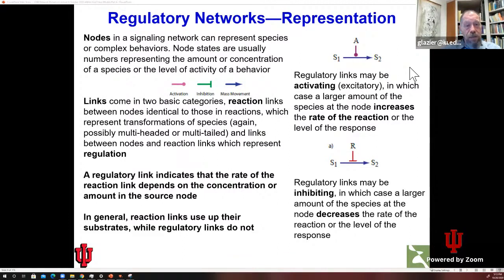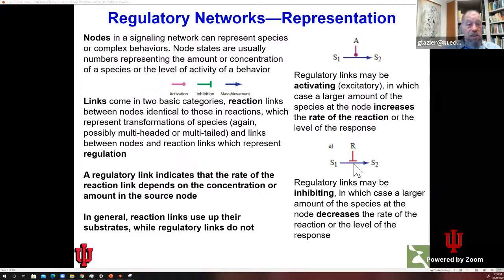And there's some inconsistency in notation, but in general, these lollipop arrows with the circle at the end mean that the more A there is, the faster S1 is converted to S2, in which case A is called an activator.